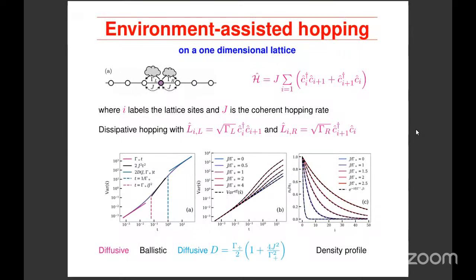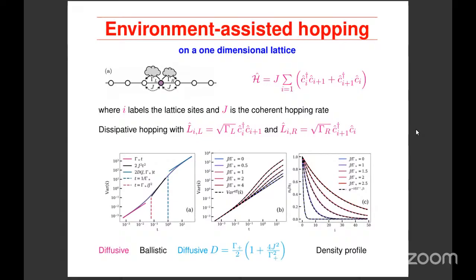So let me give you more details on the models and the results. The Hamiltonian of the model alone is just a problem of hopping of particles on the lattice, just like what Fred was saying. So this is my particle.